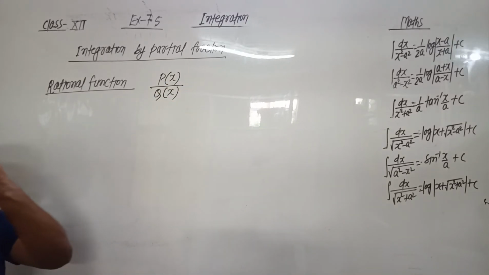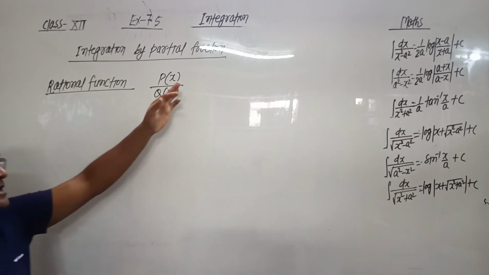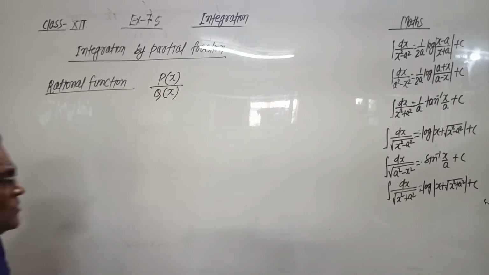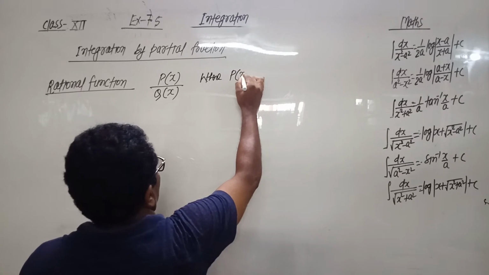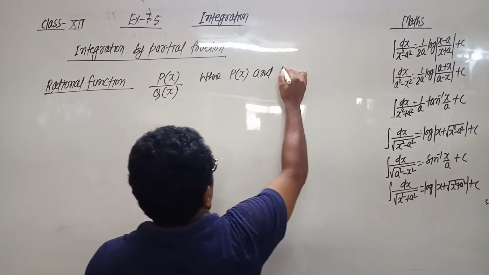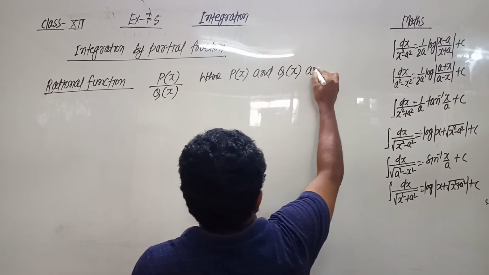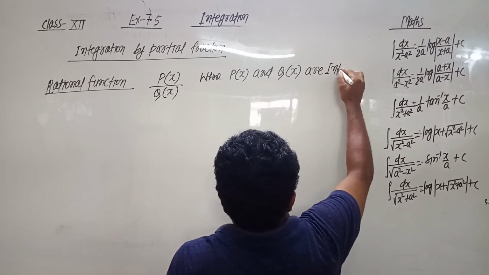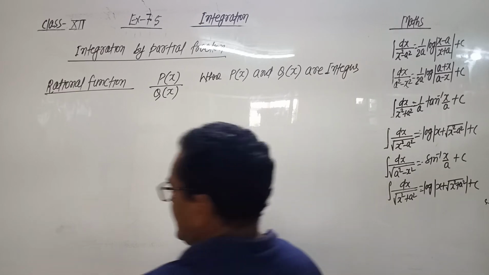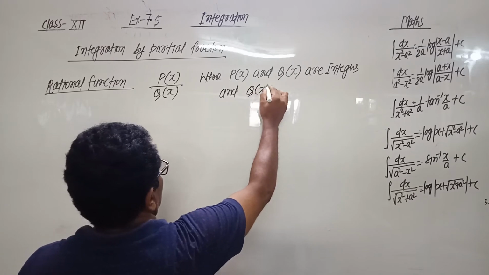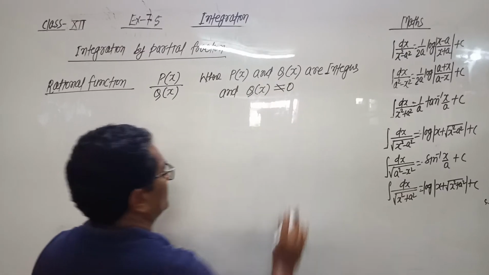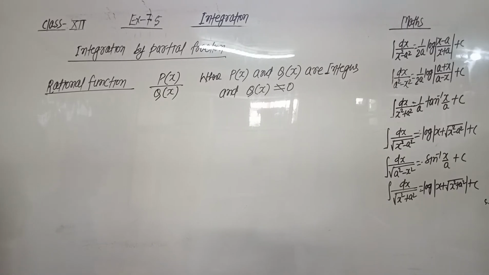Rational function is written in the form of px upon qx, where px and qx are integers and qx is not equal to 0.